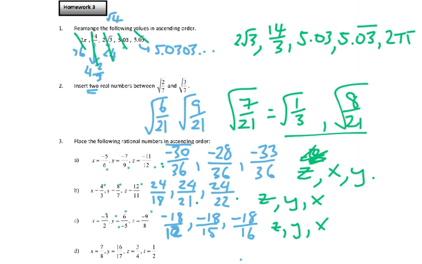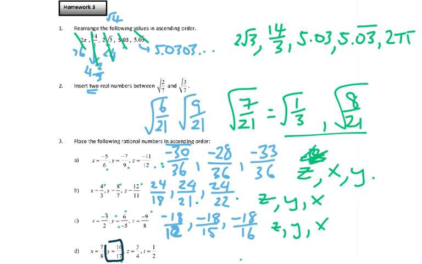Okay, so for D, this time we have 4 fractions, and the numerators and the denominators are not very easy to compare, because in the denominators we've got this 17, which is a bit tricky, and 7 and 3 and of course 16 don't match up quite well in the numerators. But we can use a bit of common sense here. We know that a half is much less than 3/4 and much less than 7 over 8. And we know that this 16 over 17 is very close to 1, because the numerator and denominator are very close.